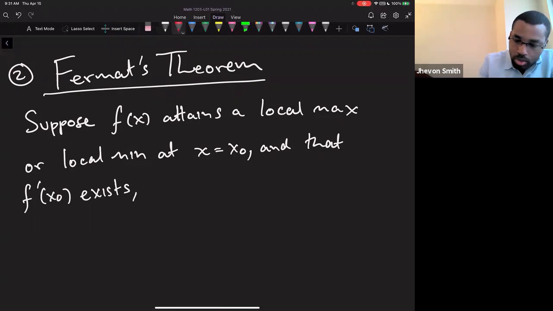So two things happen. We know that we have a local max or min, right? So we know, okay, here's a local max. And at the same time, the derivative exists there, meaning if I zoom in, I can construct a tangent line that will look like the function locally.